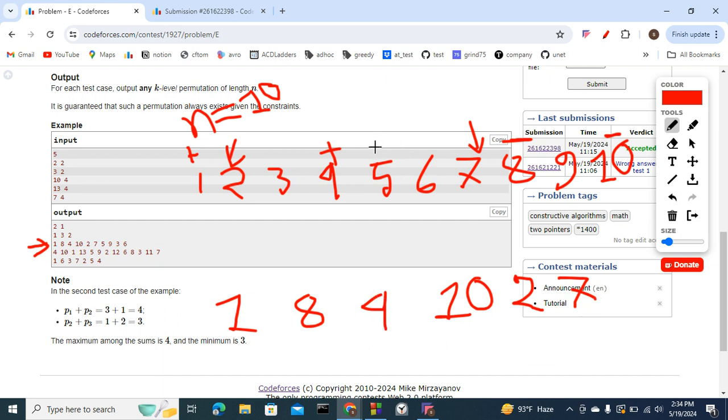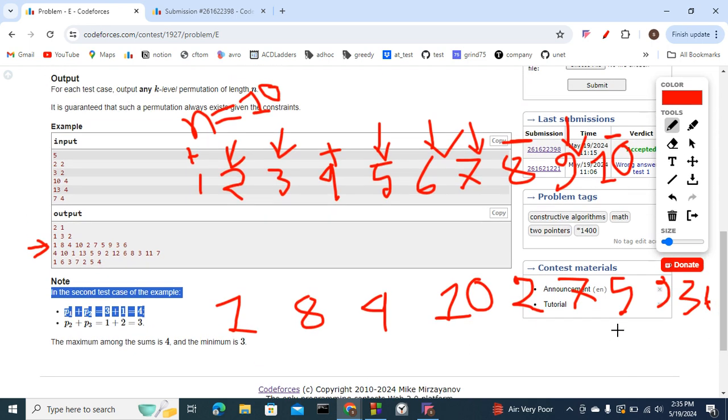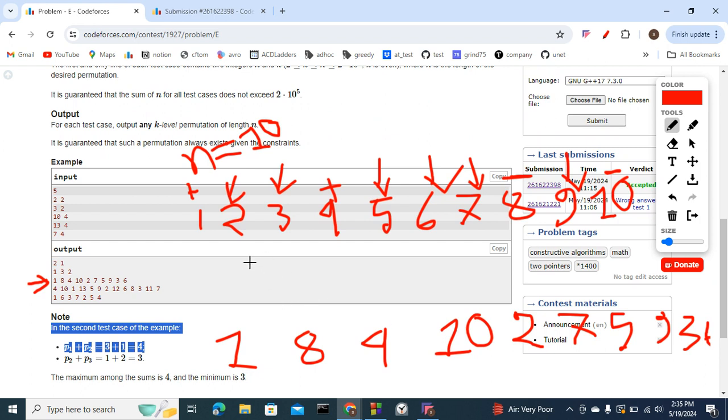Then we will get 5, it increased. Then we will get 9, it decreased. Then we will again get 3, it increased, then we will get 6, it decreased. So this way, if we can select the initial k elements properly, then the rest follows.